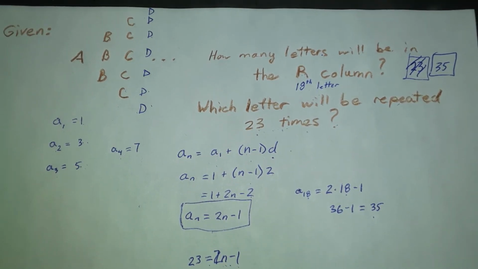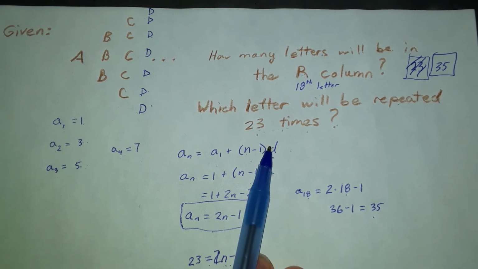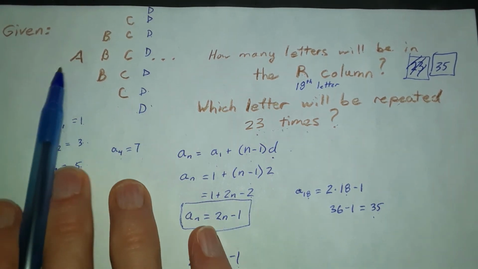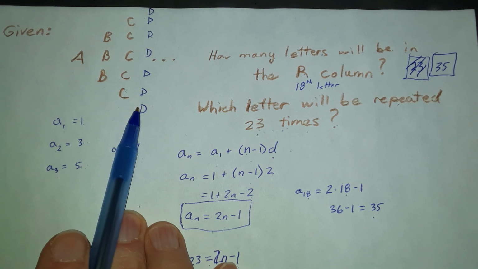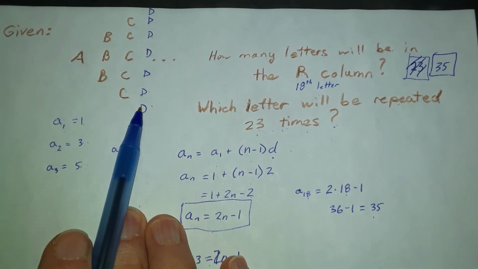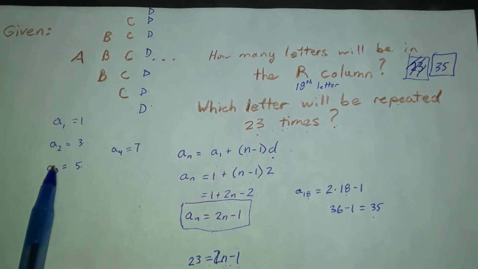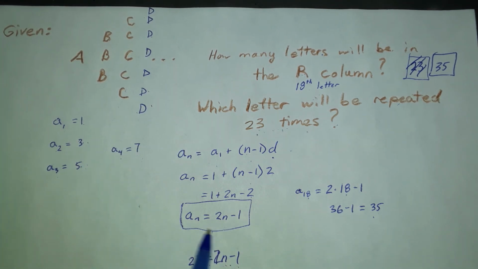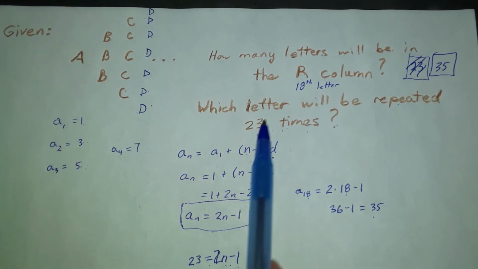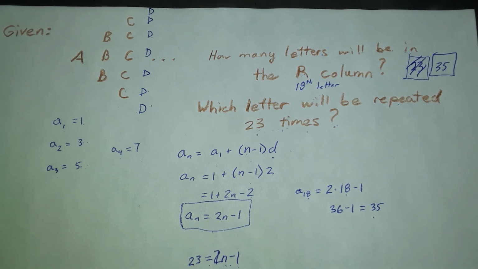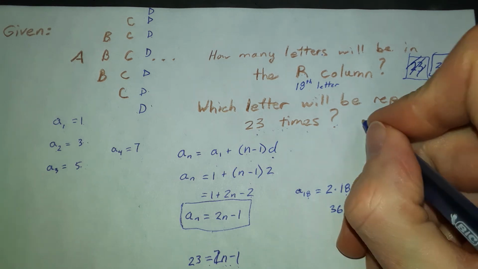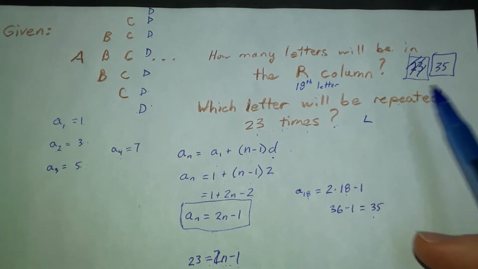There are other ways that you could solve this problem, but we've applied this idea of a pattern that we've determined here, designated each column with a certain number. We created this arithmetic sequence, got a general formula, which is somewhat of a recursive formula, and we were able to solve these two questions that we started out with.